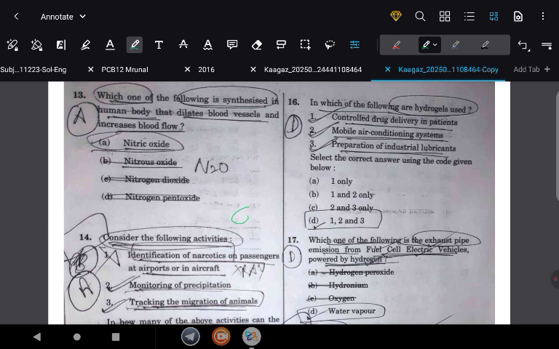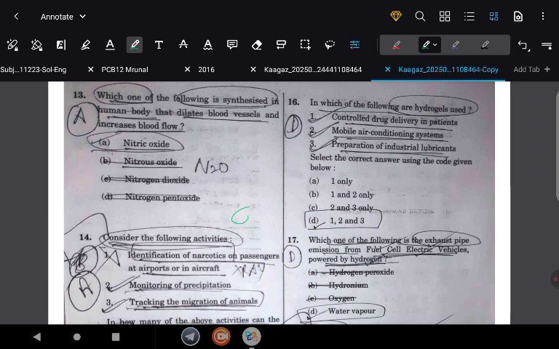So the next question, which is the 13th question, was: which one of the following in the human body dilates blood vessels and increases blood flow? The options were nitric oxide, nitrous oxide, nitrogen dioxide, nitrogen pentoxide.